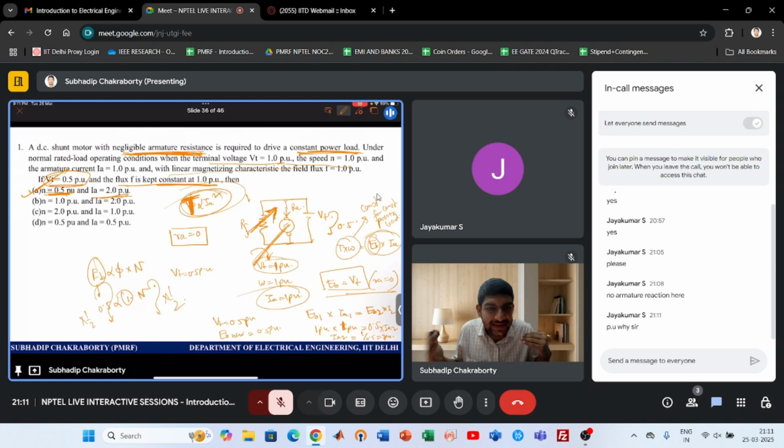That is, 50% of the rated means 0.5 per unit. 2 times means 2 per unit. This is called per unit representation. With respect to the base, which is the rated, I try to parameterize everything in terms of the base parameter, the base parameter of the voltage being rated voltage, of the speed being rated speed, like that. Understood?